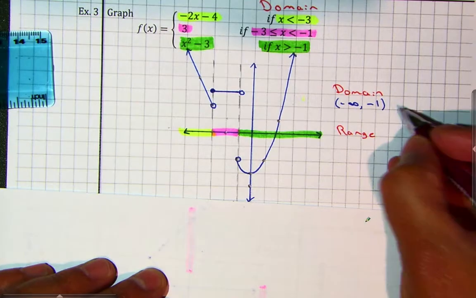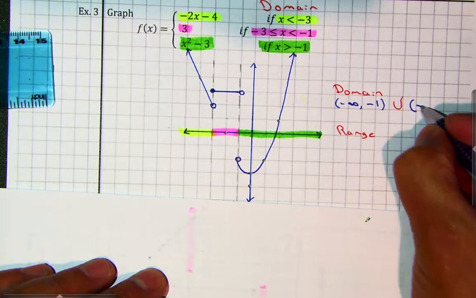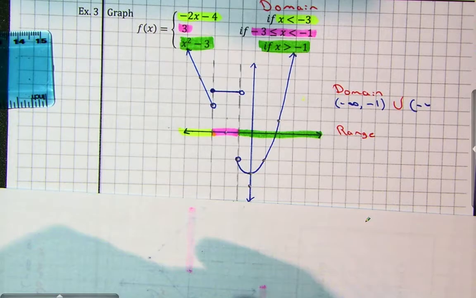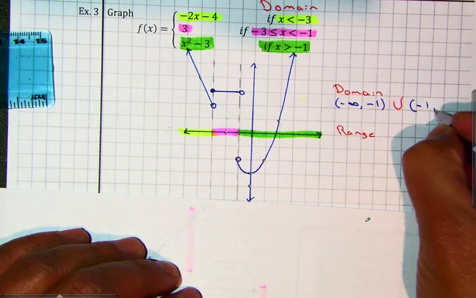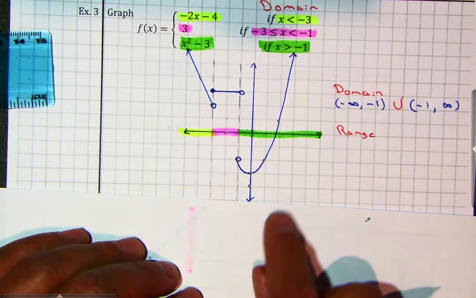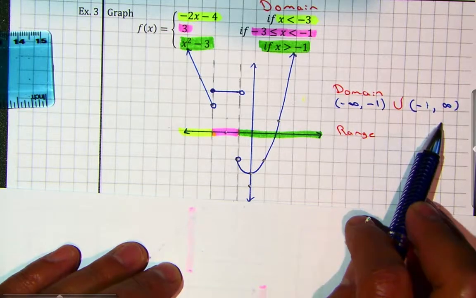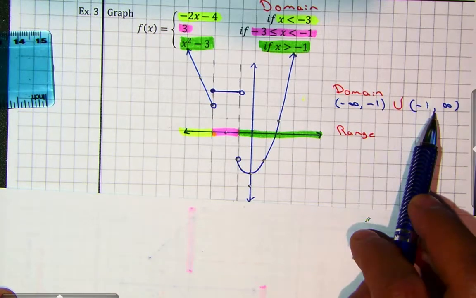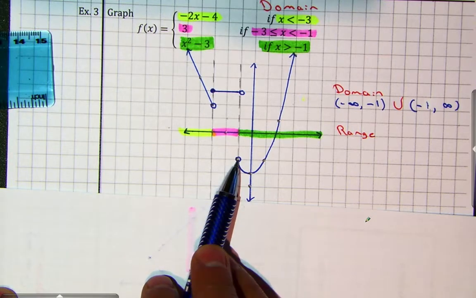Then union, we continue from -1 all the way to positive infinity. Or sometimes people say all real numbers except when x is equal to -1. So that's the only gap that we have, and that's why we have to break it down. Now, if any of those two circles were closed, then you'd have all real numbers.